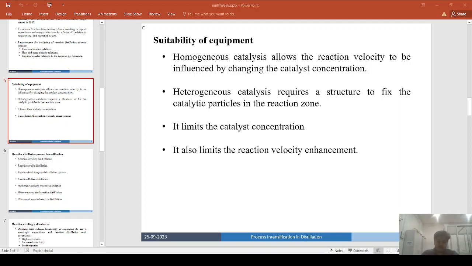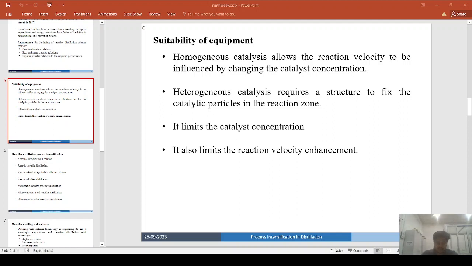What sorts of equipment and what sorts of materials of construction are suitable for the setup of the reactive distillation tower, the reactive distillation column? We will discuss that, and also the various other combinations and configurations in which you can operate such a reactive distillation tower.